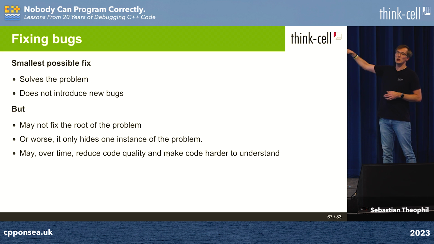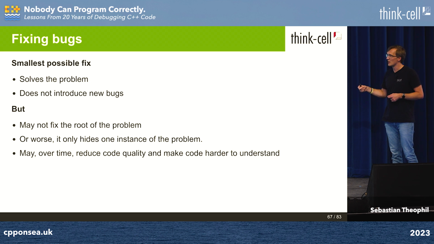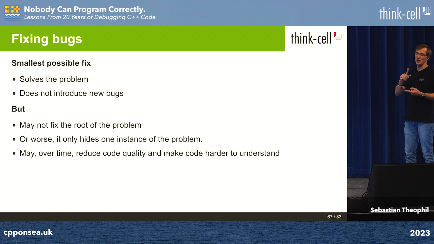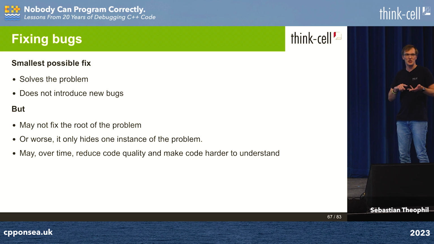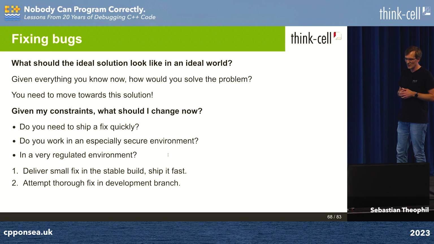Because if we tell people this, then what they often hear is smallest fix, and not smallest fix that really fixes the problem. So we might introduce fixes that don't really fix the root of the problem. Maybe they only fix one instance of the problem, and in the worst case, we miss some opportunity for refactoring and just pile small fix on top of small fix on top of small fix until our code is a hot mess. I would phrase it the other way around.